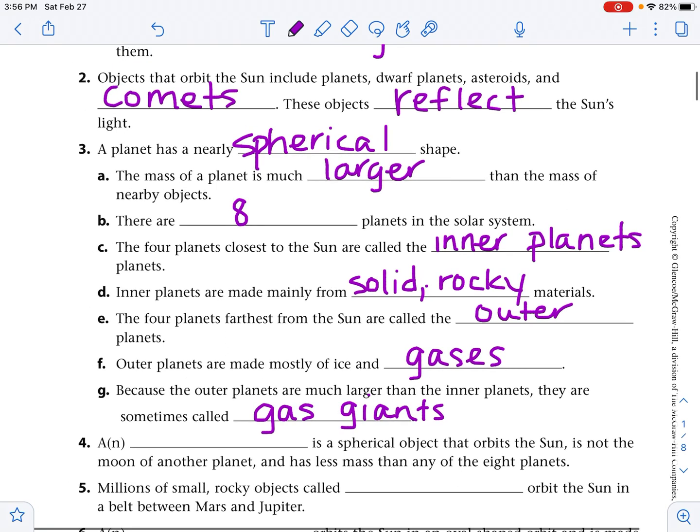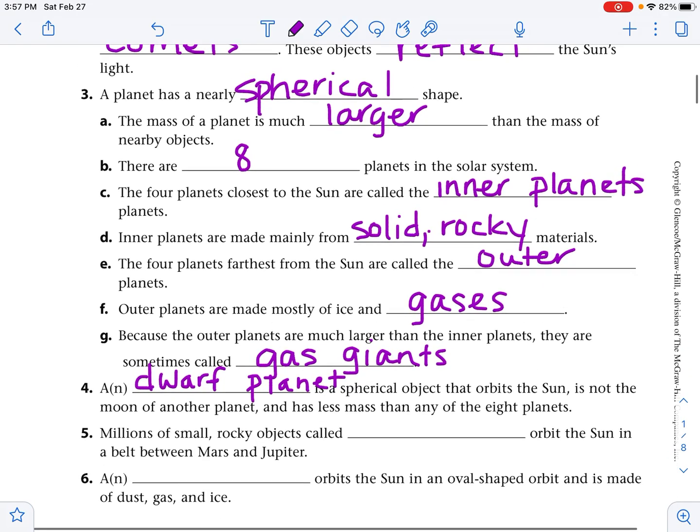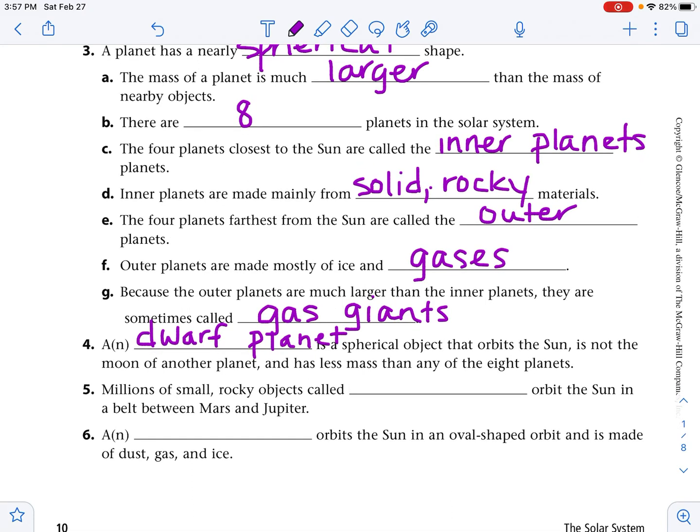A dwarf planet is a spherical object that orbits the sun, is not the moon of another object, and has less mass than any of the 8 planets. Millions of small rocky objects called asteroids orbit the sun in a belt between Mars and Jupiter.